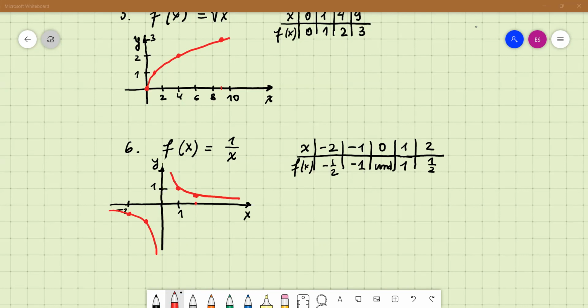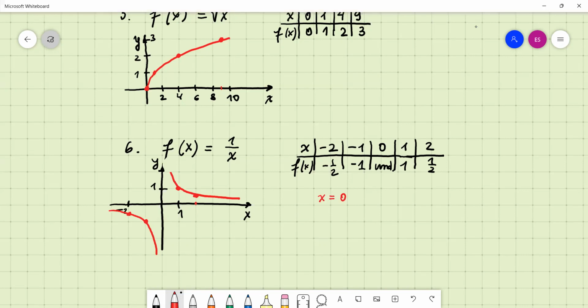For example, if you set up x equals 0.001, what is going to be the value here? f of 0.001 is 1 over 0.001, which is going to be what? 1,000, right? 1,000 is a huge number. So we're getting closer to 0, and my function moves to positive infinity, actually getting bigger, bigger, and bigger.